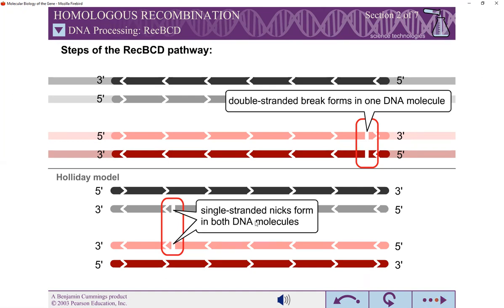Single-stranded nicks are produced in both DNA molecules. Once the single-stranded nicks are produced, the process of Holliday junction formation takes place.